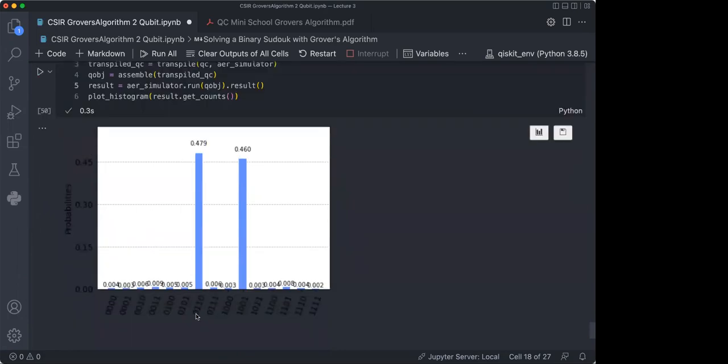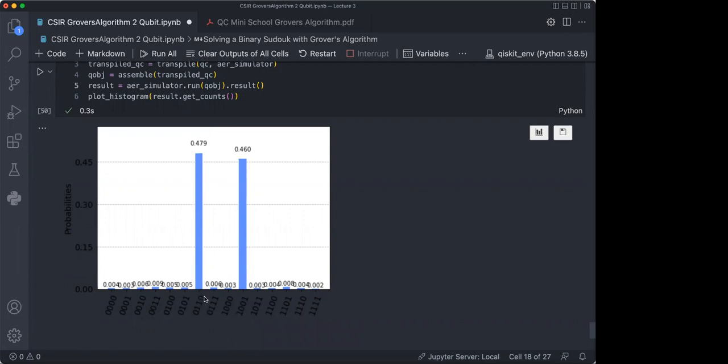So we see that the bit strings that we get that have the highest probabilities correspond to the solutions of our binary Sudoku problem. It's important to note that we're using the little endian notation. So V0 is here and V3 is here. And as you can see, these actually correspond to the solutions of the Sudoku problem.